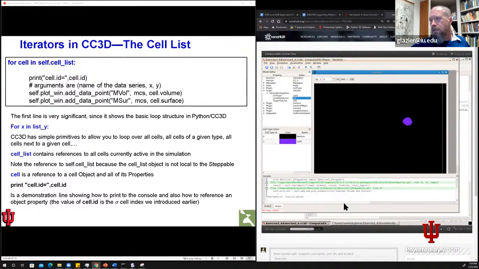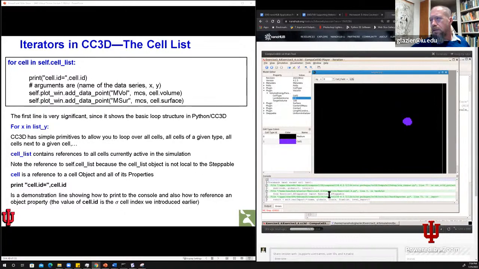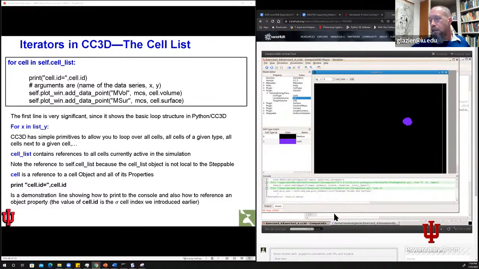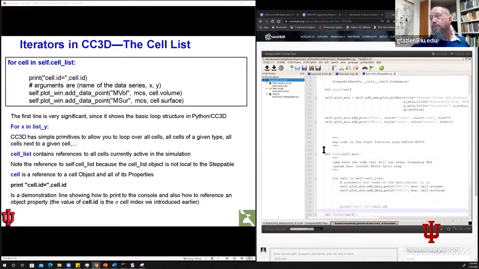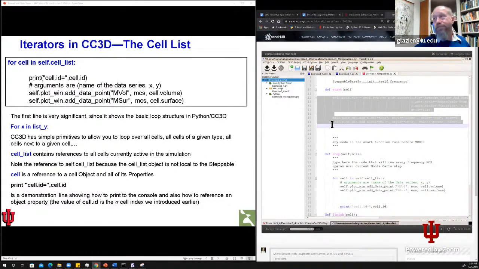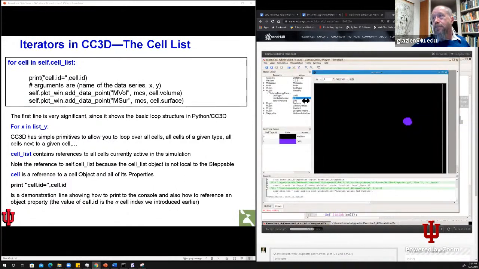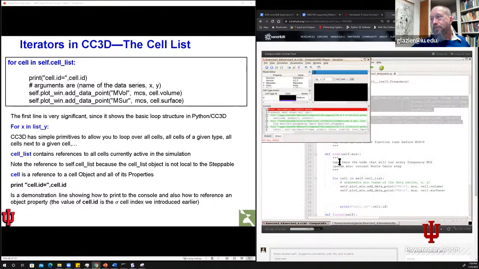Self plot window, so add new plot window. Huh. Let's see what I did wrong. Did I put it in the wrong place? That's the most likely thing. Ah, these aren't indented. Still a problem?